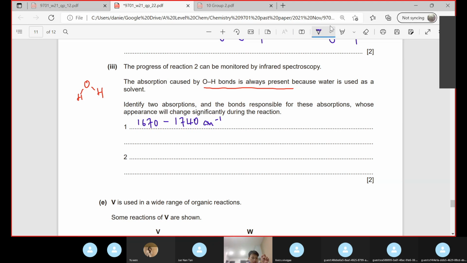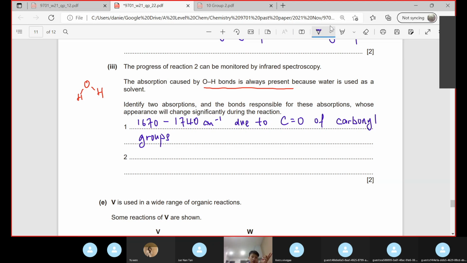Then what is the bond responsible? The C=O of carbonyl groups. I believe most of you can notice this one.